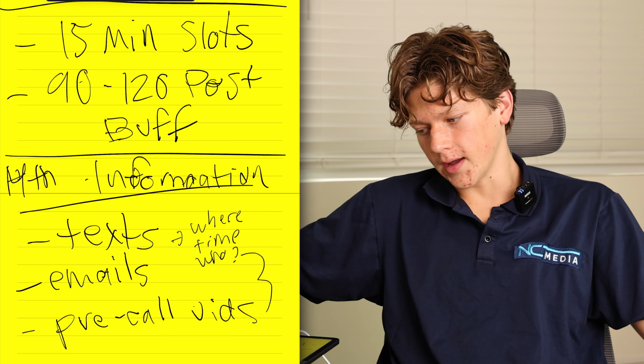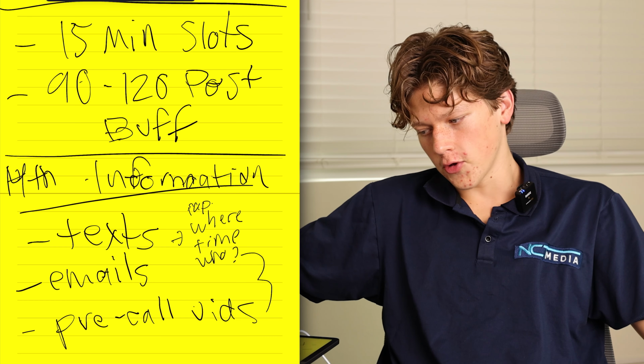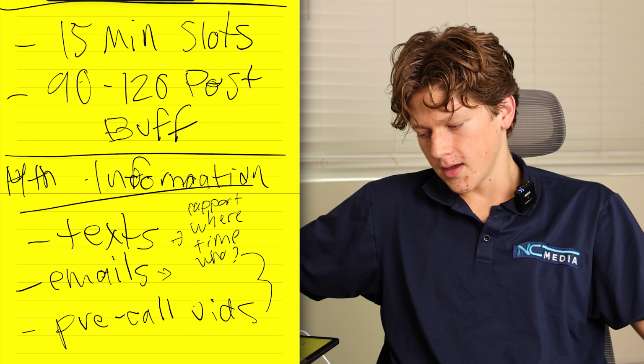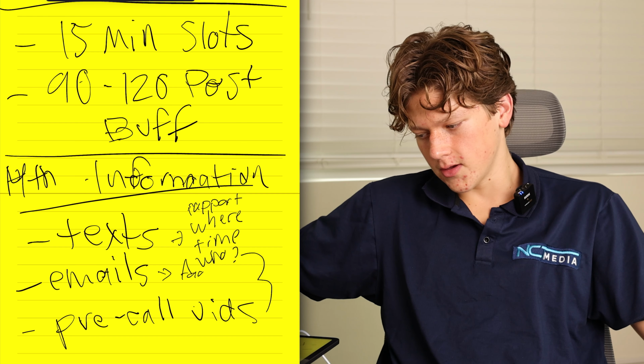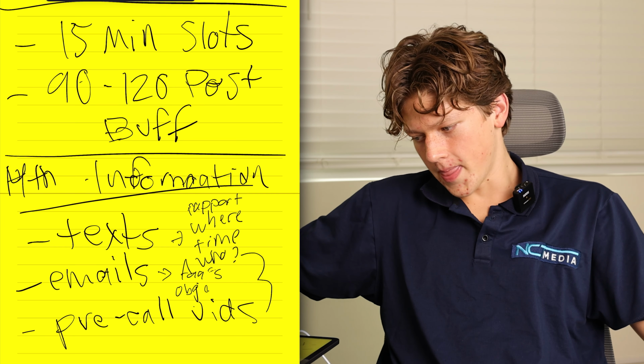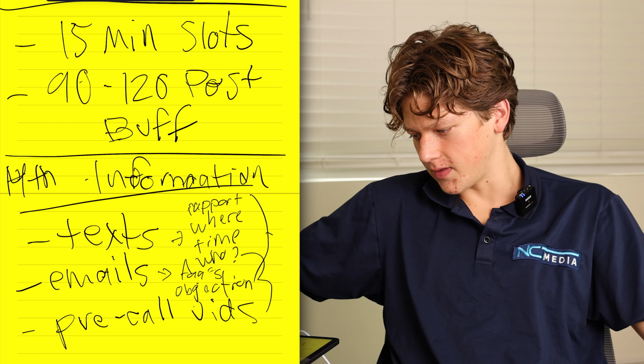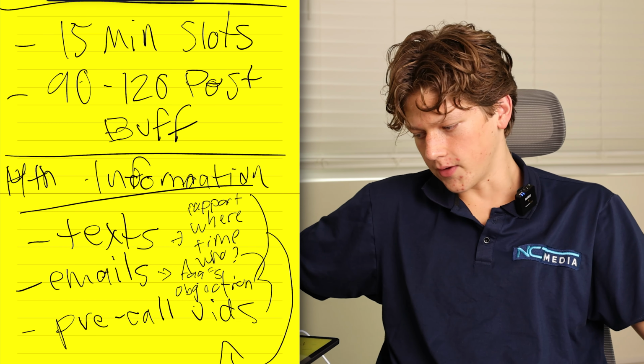Some rapport building, right? So it's going to further build interest and trust with your company. Emails is going to provide maybe answering FAQs, objections, right? And then your pre-call videos, pretty much everything that these do should do in your pre-call videos, right? And if you're doing all of that, you're building their interest, answering their questions, providing them with information, and you are going to see a lot less no-shows as well.